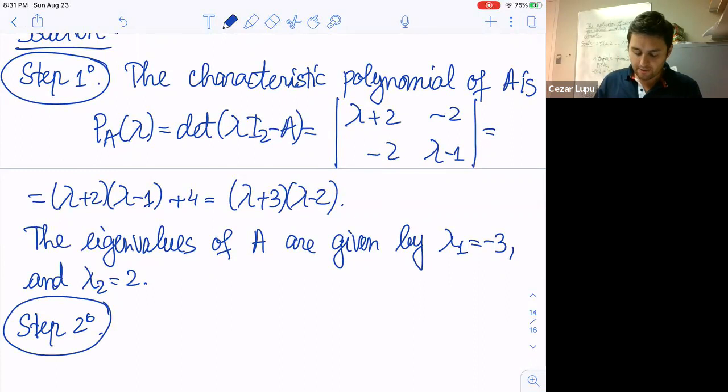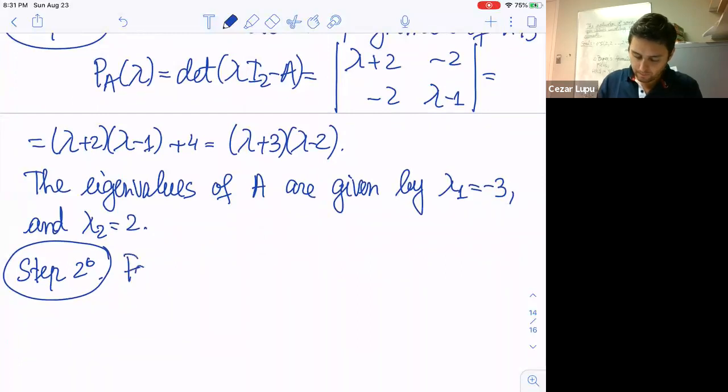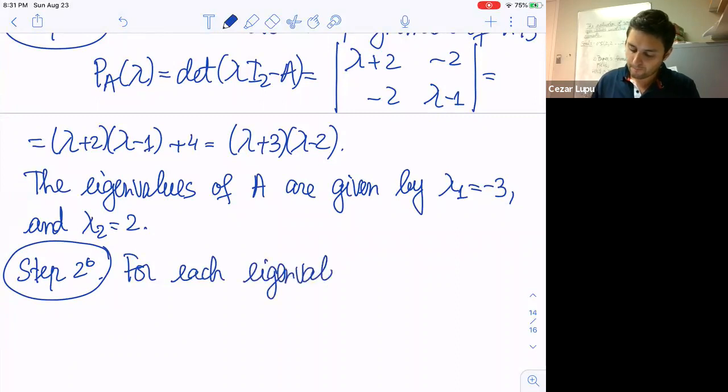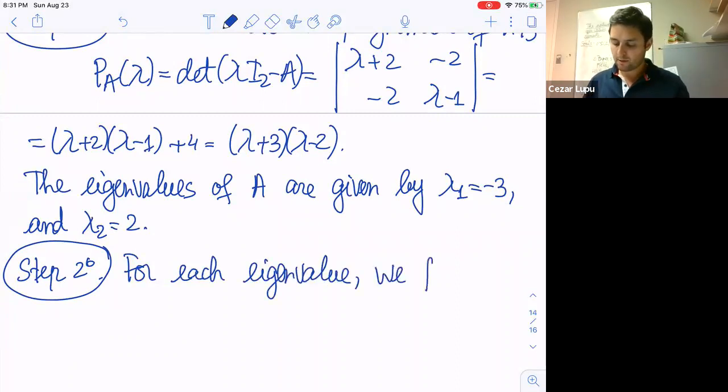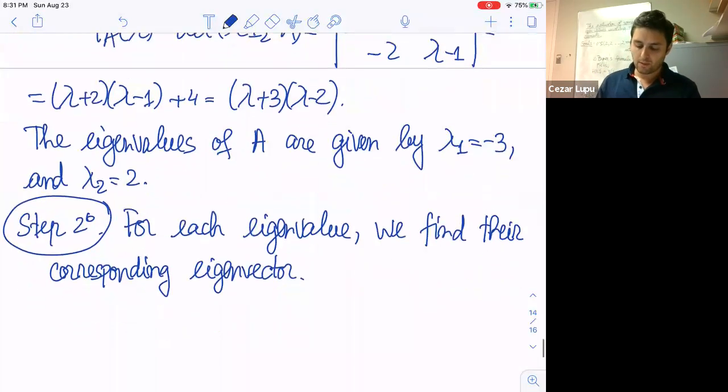For each eigenvalue, we want to find their corresponding eigenvector. Here we go.